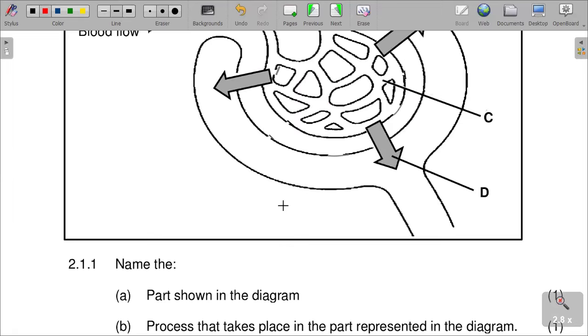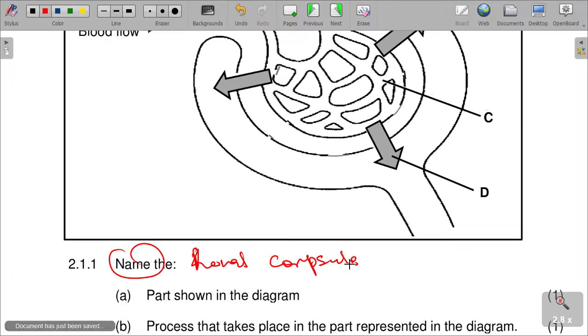It is the renal capsule. We can say that this is the renal capsule.